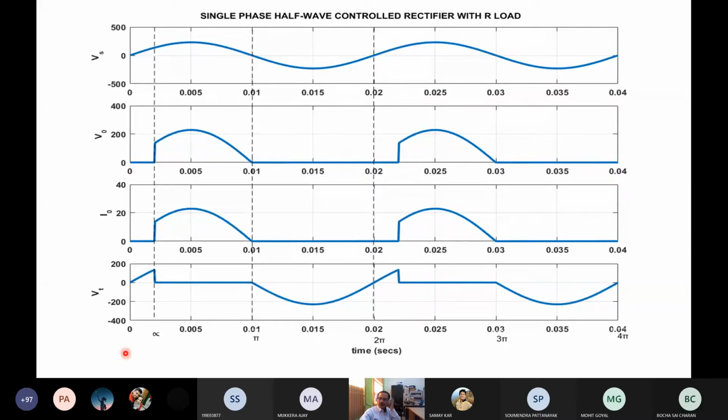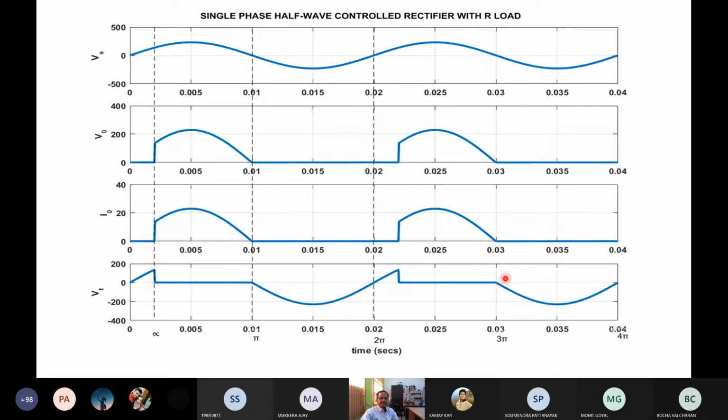When the thyristor is off, it is an open circuit. And when it is conducting, the voltage across the thyristor is 0. When it is not conducting, it is the source voltage. This voltage will appear across the thyristor.